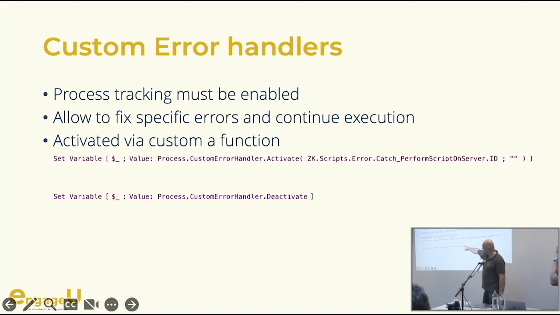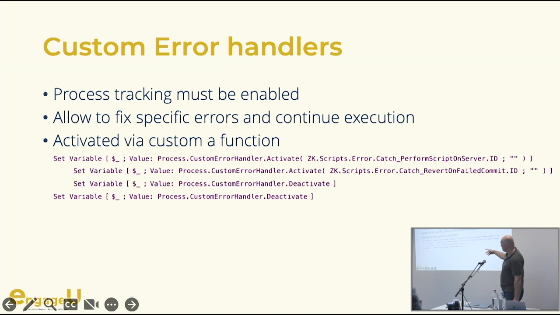You call this custom function, and you give it as a parameter the FileMaker ID of the script that should execute if there is an error. Very simple. You may not forget to deactivate once you reach the point that you don't need it anymore, right?